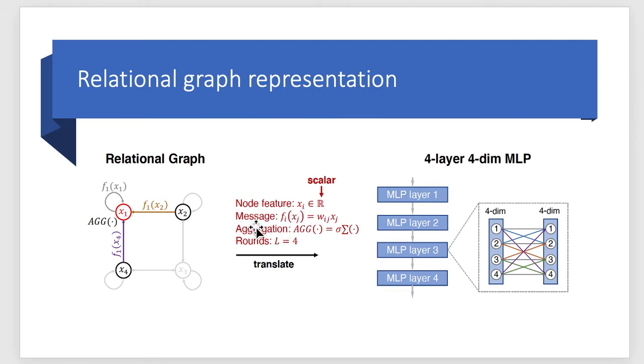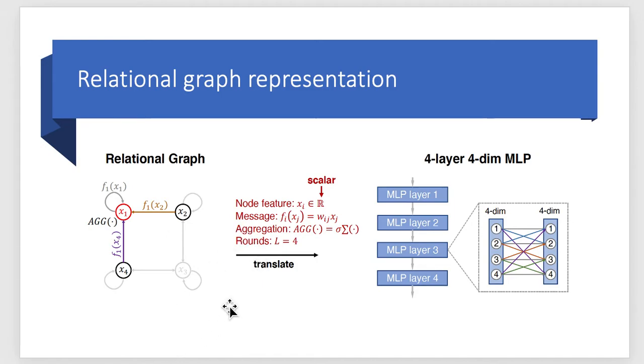The second one is the message function. The message function just takes the node feature as input and outputs a new message so that the node can send the message to all other nodes. Or actually, for each node, they will receive the messages from all other linked nodes.